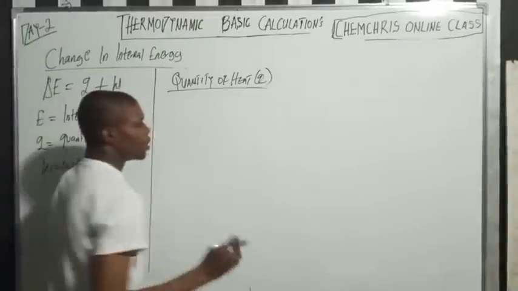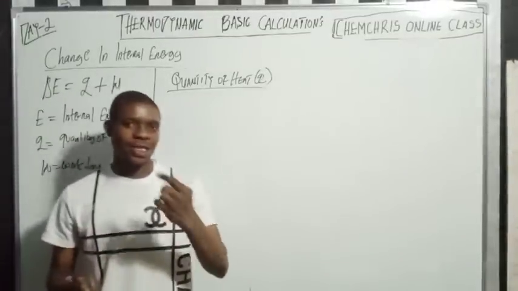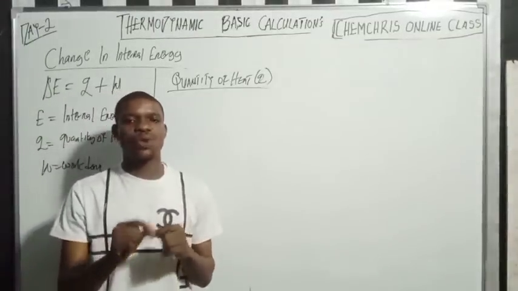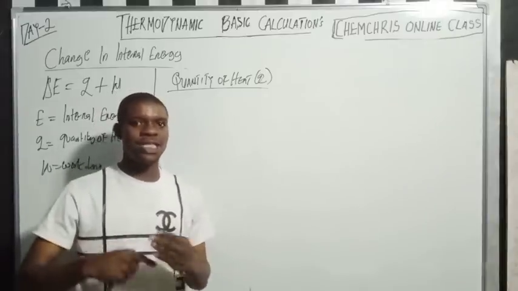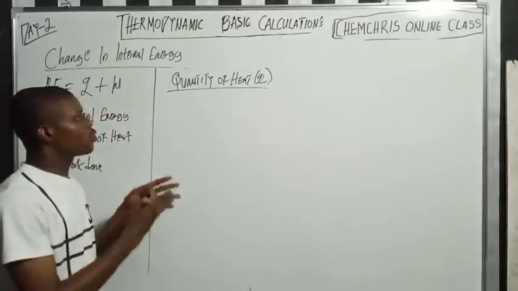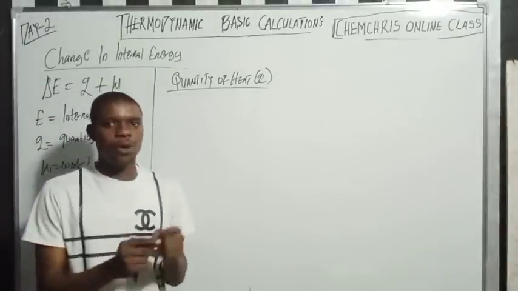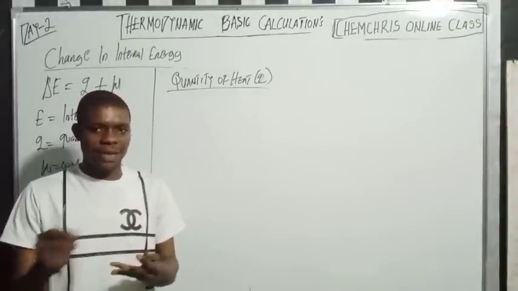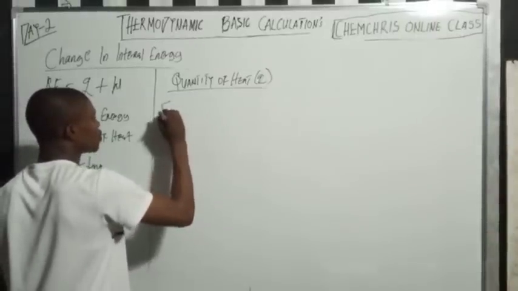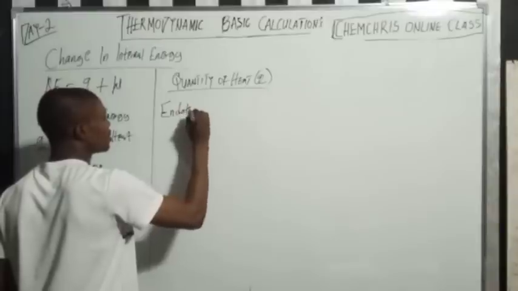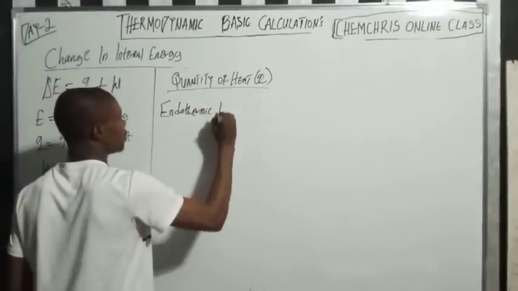Now, when a reaction happens, there are two things that can happen to the system: heat is either absorbed, taken in, or given out. So we have two types of reaction: exothermic and endothermic. Let me look at the first one, endothermic reaction.